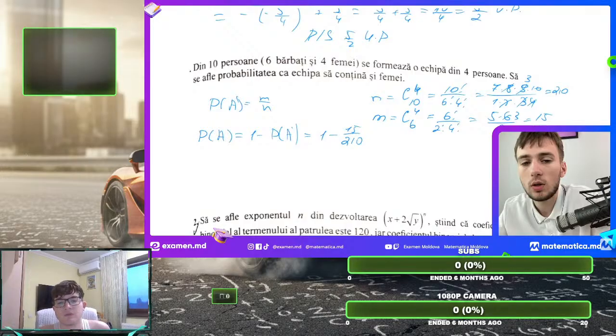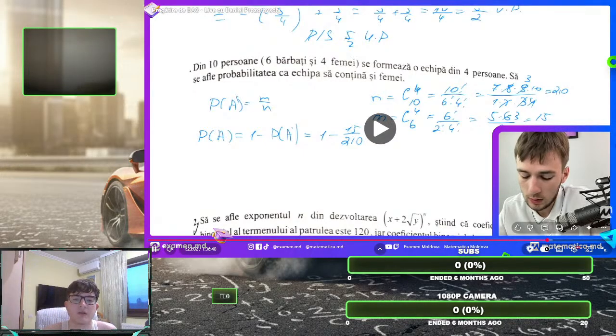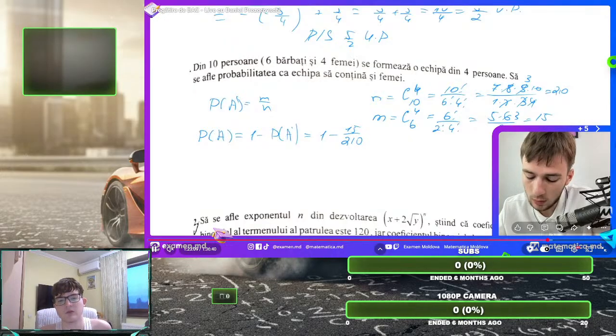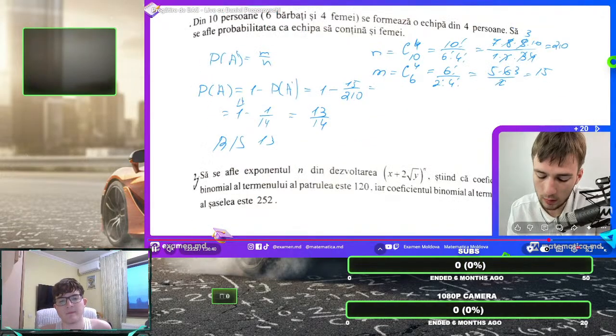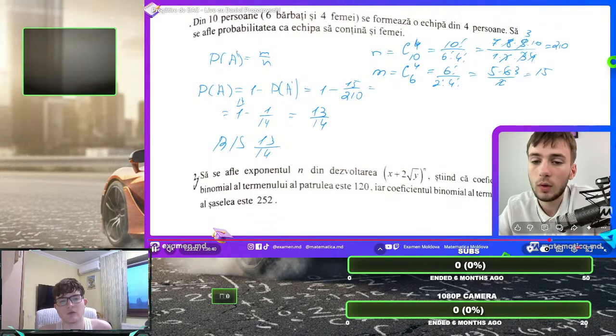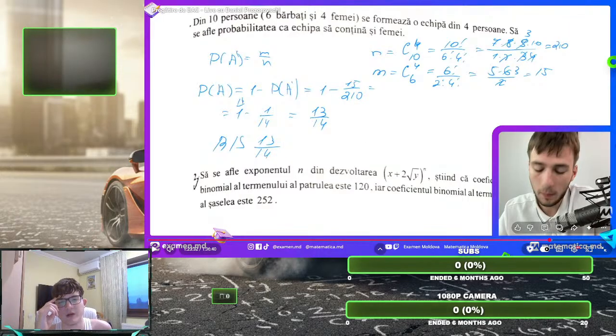And basically you have to multiply 210. So you're gonna have 210 minus 15. How much is that? That is 195 divided by 210, and to simplify that, by 14, so we already simplified everything. So 13 divided by 14.